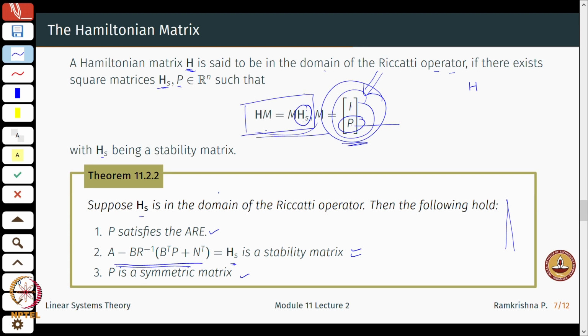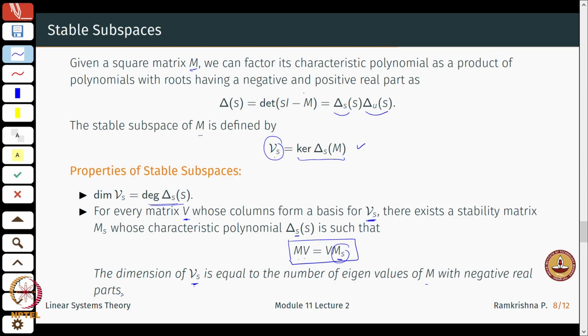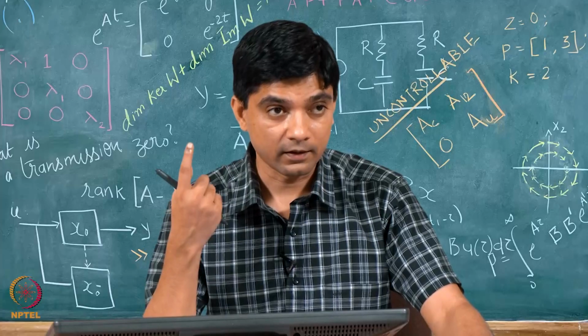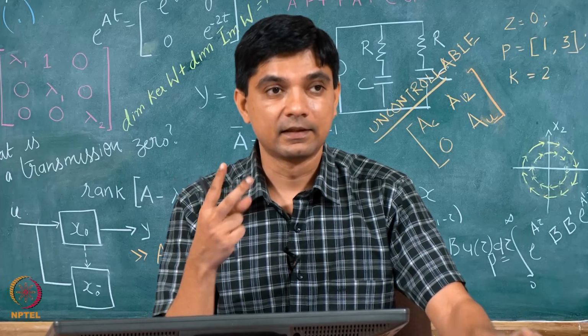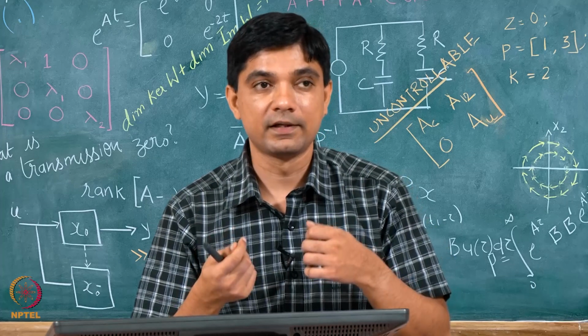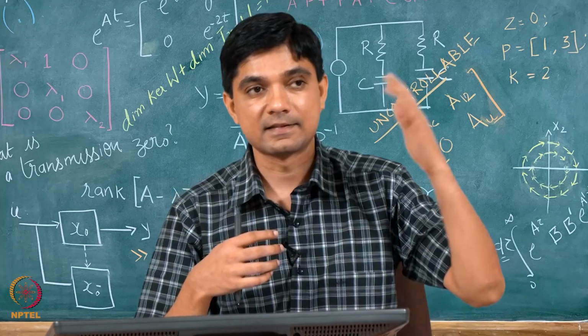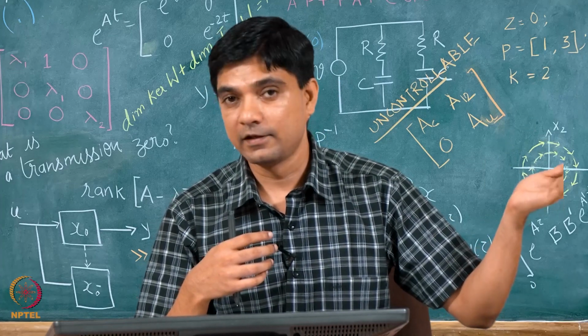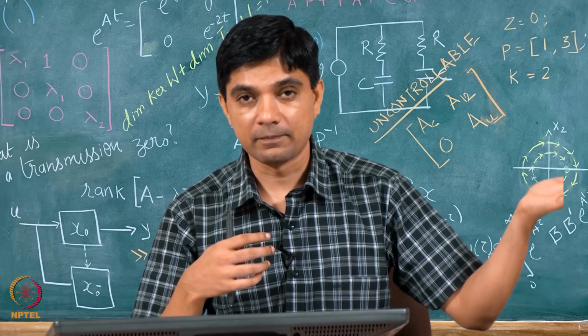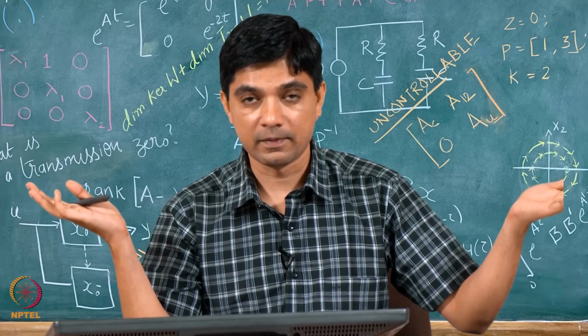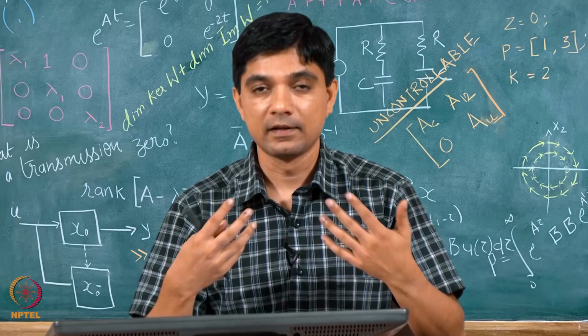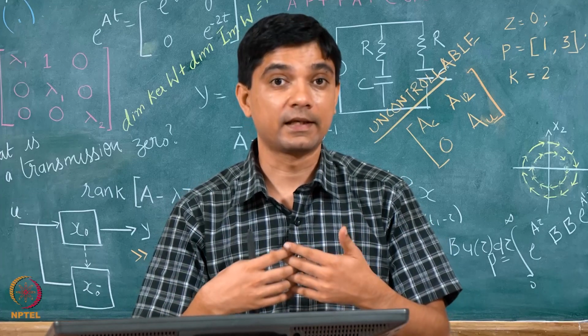Now, what did we do? We just used the properties of stable subspaces. Second, the nature of the Hamiltonian matrix H is such that it has n eigenvalues with negative real parts and n eigenvalues with positive real parts, which means that it has a stable subspace of dimension n.